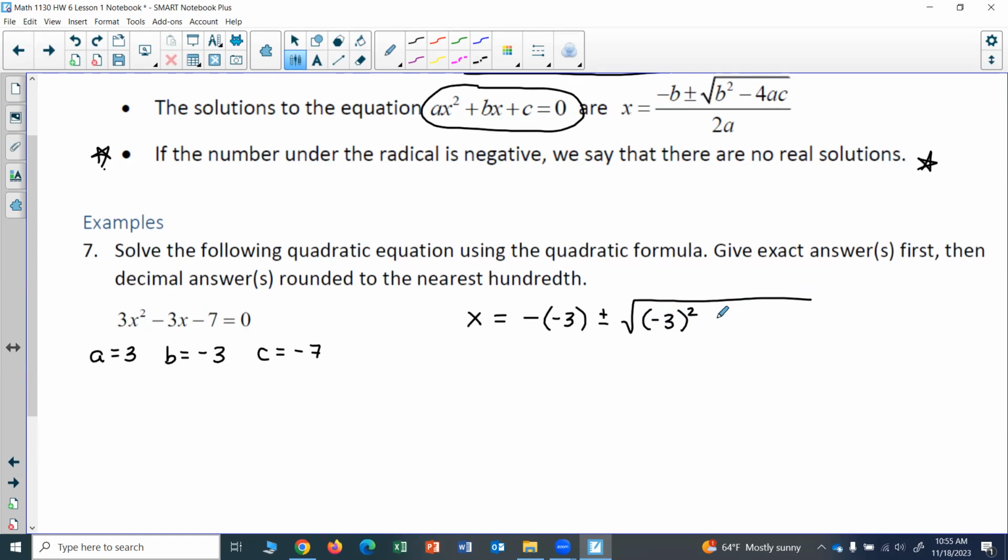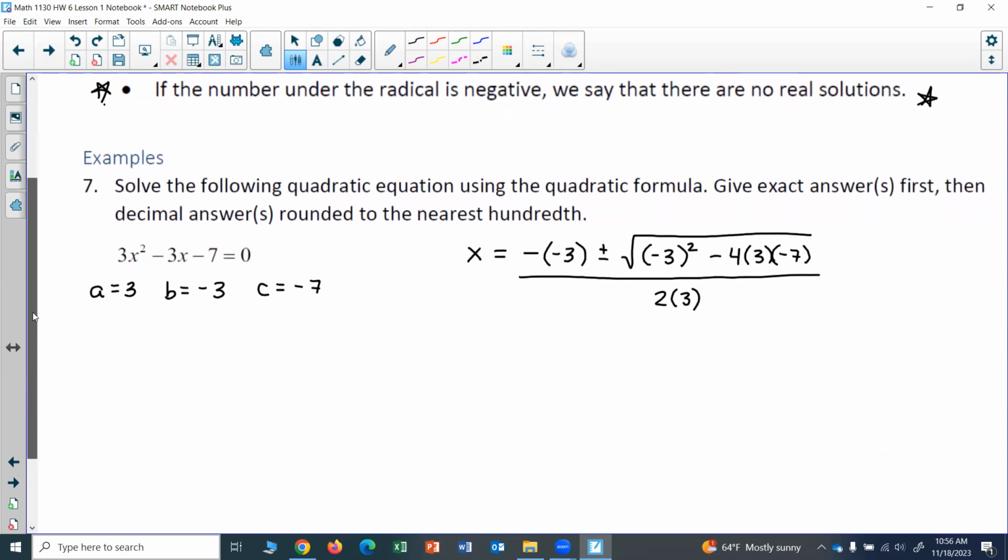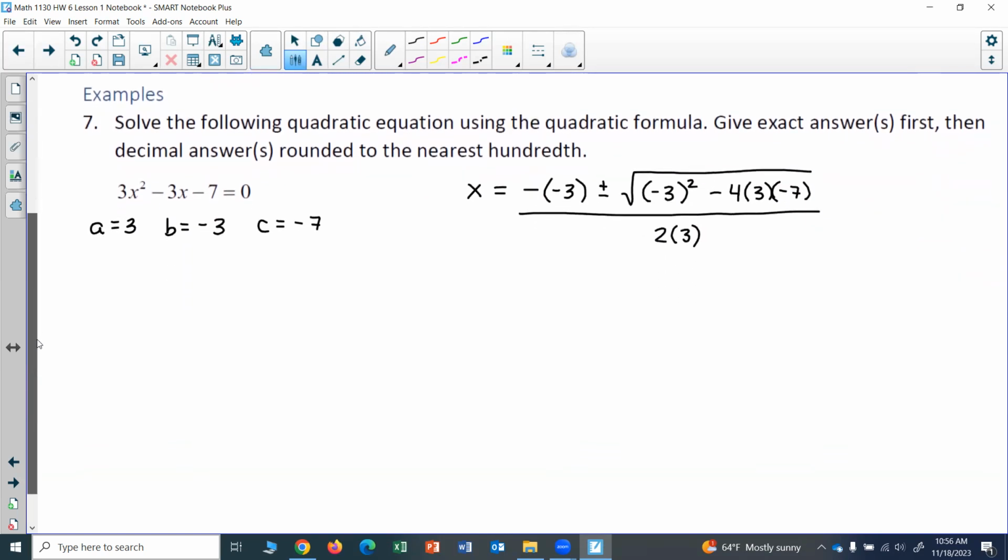So negative 3 quantity squared minus 4 times a times c, so 4 times 3 times negative 7. And that entire expression is going to go on top of 2 times a, so 2 times 3. All right, so I've got everything plugged into this formula. And now I just have to simplify and then put it in my calculator for the decimal answers.